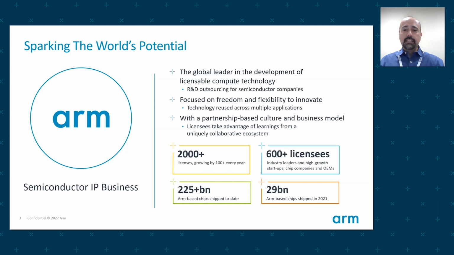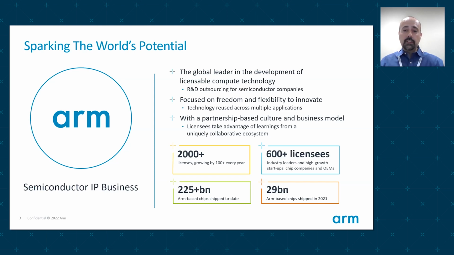Arm is the world's leading semiconductor intellectual property supplier, with more than 500 silicon partners delivering solutions. Our partners combine Arm IP with their own IP to create complete chip designs. Our technologies securely power products from the smallest sensor to the world's smartphones and even out to the world's most powerful supercomputers.